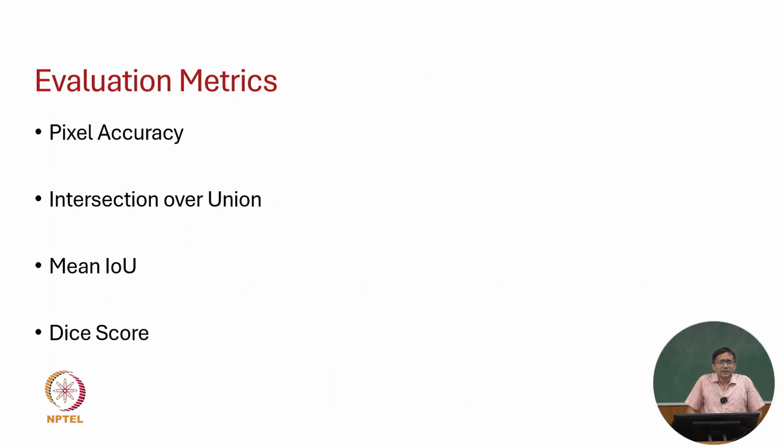Also, let us talk a bit about some of the potential evaluation metrics. We have pixel accuracy, we have intersection over union, which can then be converted into mean IOU, and we can also have the Dice score. I will go into a bit more detail on the intersection over union.